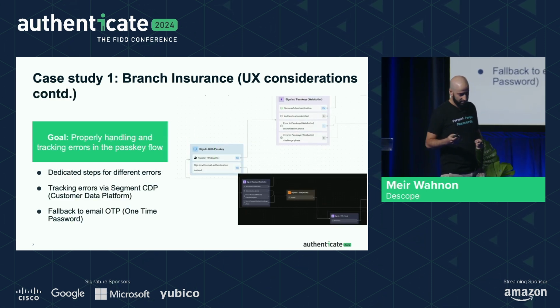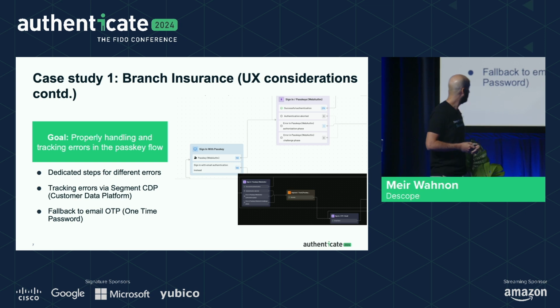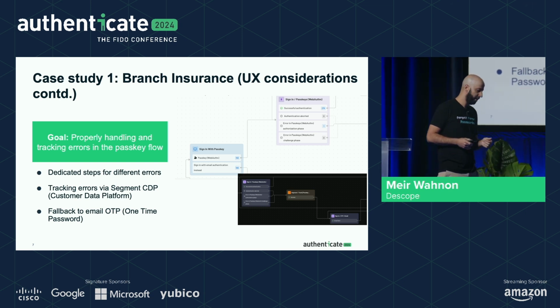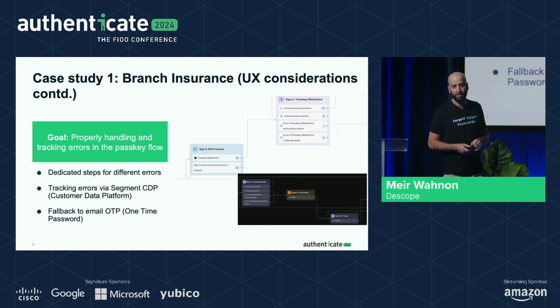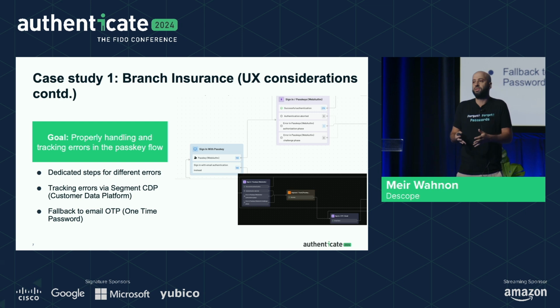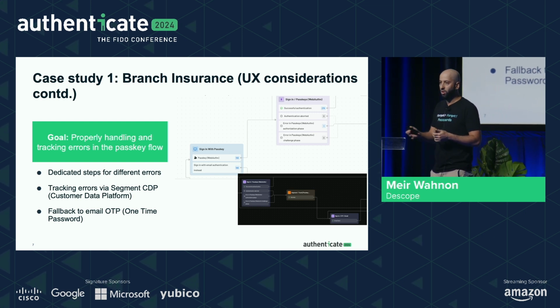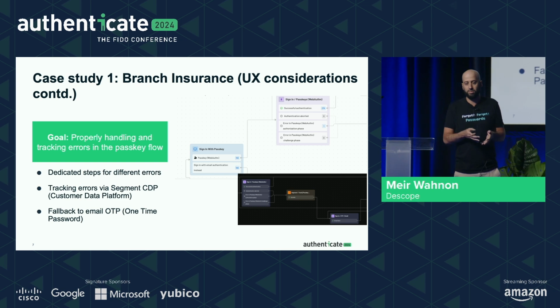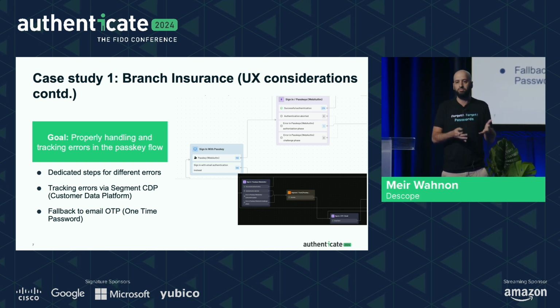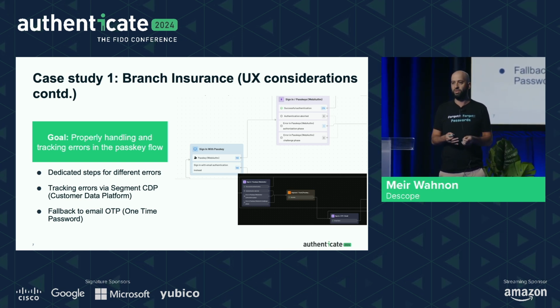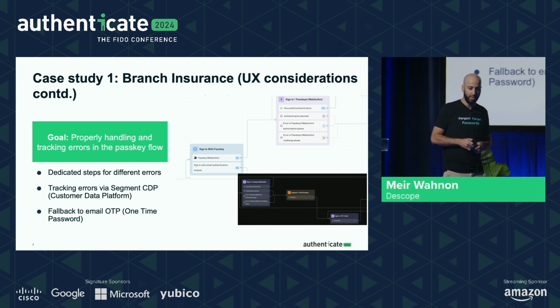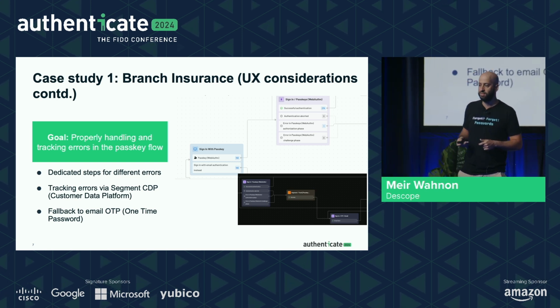And the next part is error handling. I touched on it a bit in the previous slide, but it's very important to handle errors. Sometimes the authentication flow, and the passkey flow specifically, might fail because of a certain device, a certain browser, or a certain user action that you didn't anticipate.